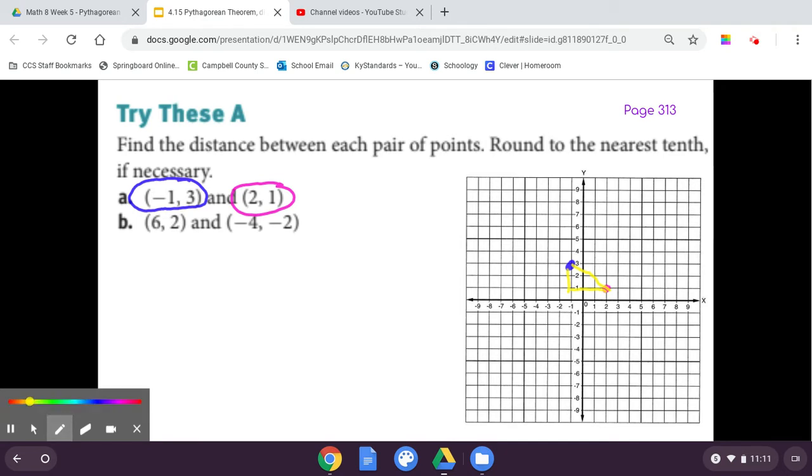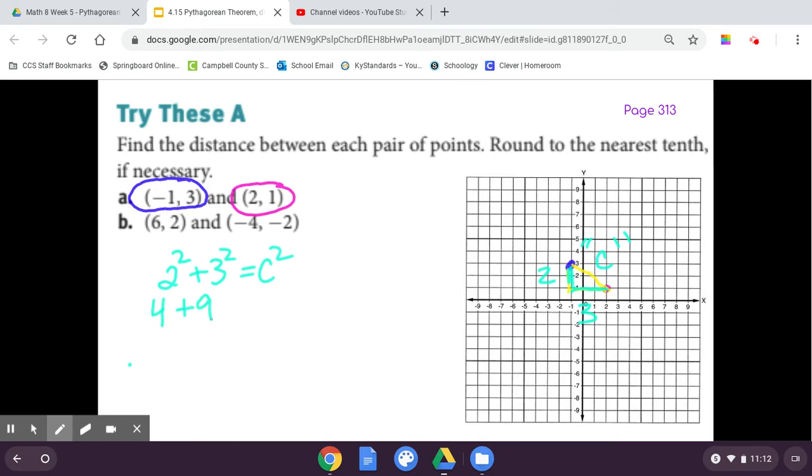So now to figure out how long our legs are, you can only count your legs. You can count how many blocks it is right here. So that's 2 blocks. And then right here, this takes up 3 blocks. So we need to find C, the distance between our 2 points, the shortest distance. So all you have to do is use the Pythagorean theorem. So 2 squared plus 3 squared equals C squared. 2 squared is 4.